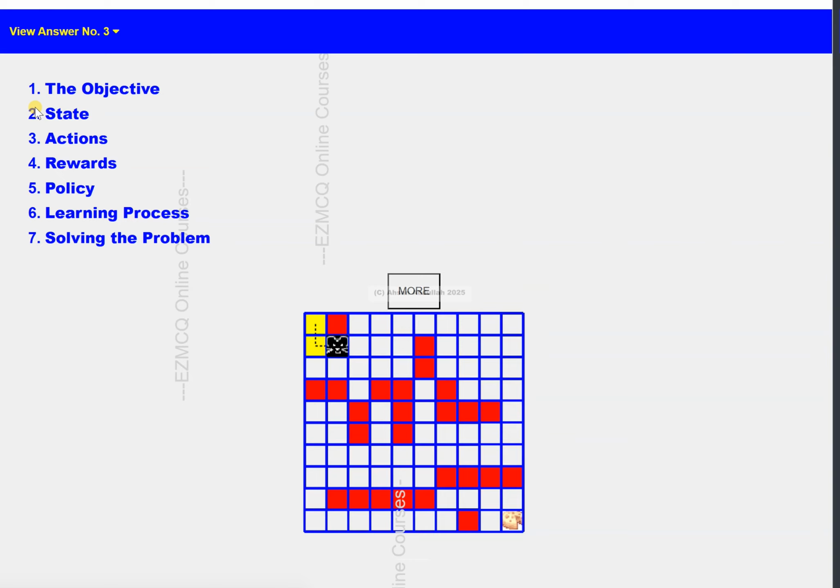Rewards are positive for the goal and negative for each step or illegal move, and the agent learns a policy mapping. Over a period of time, it solves the maze when its policy reliably guides it along efficient paths, not inefficient paths. Let's look at the details.